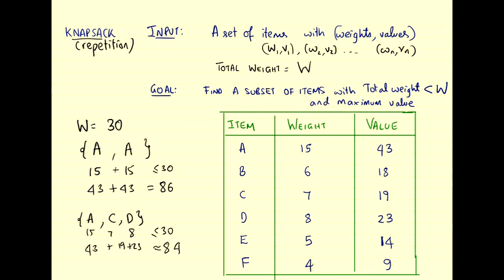What sort of greedy strategy would you use here? Always pick the most valuable one. Yeah. So there's another one which is most value per weight. Most valuable one seems bad because imagine my W was 21 or something.